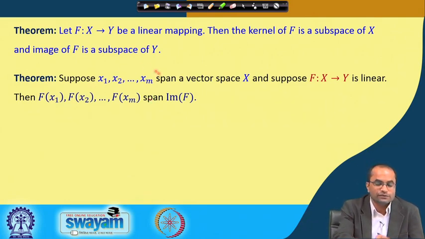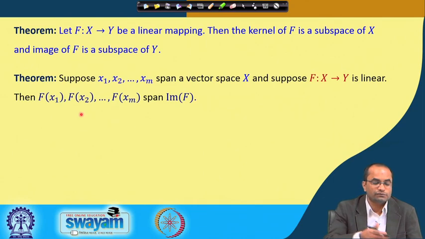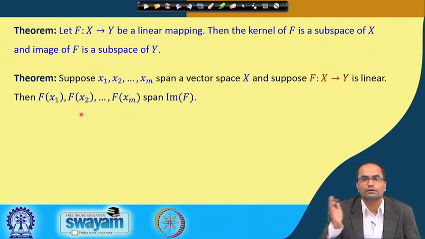If we know the vectors from this space X span the vector space X, and we know the mapping F, then f x 1, f x 2, f x m will just span the image of F.